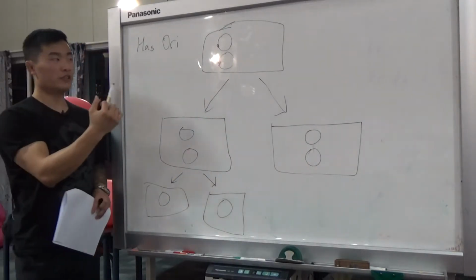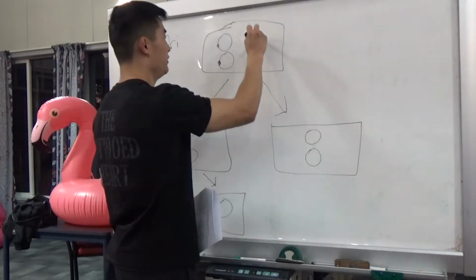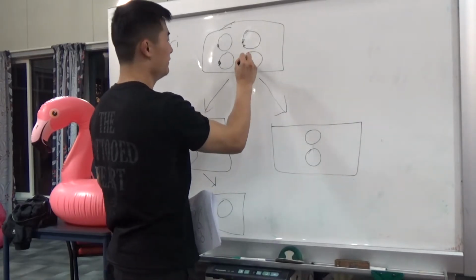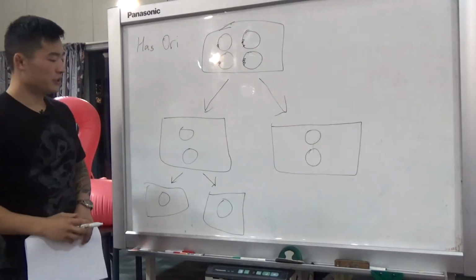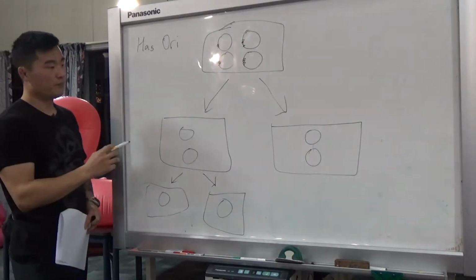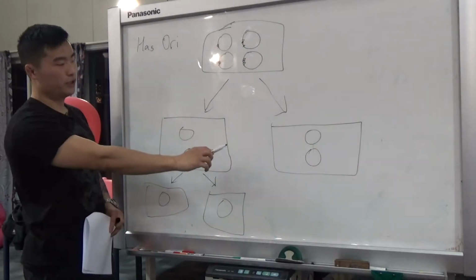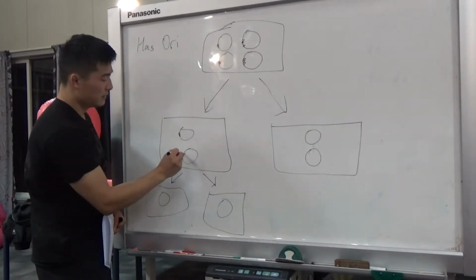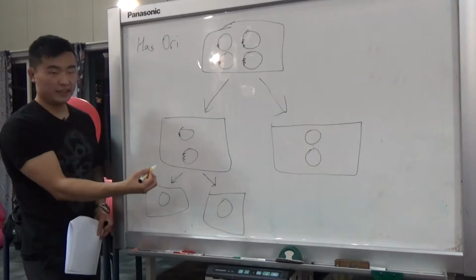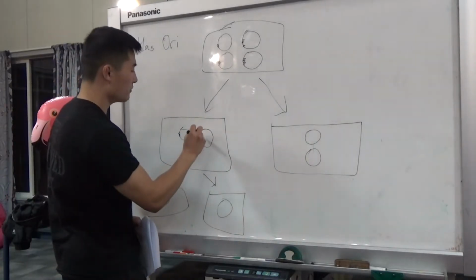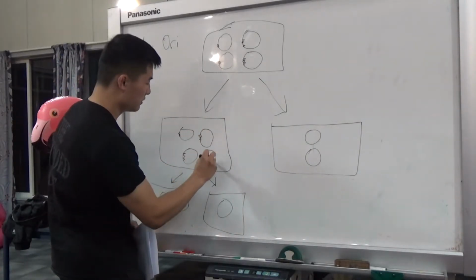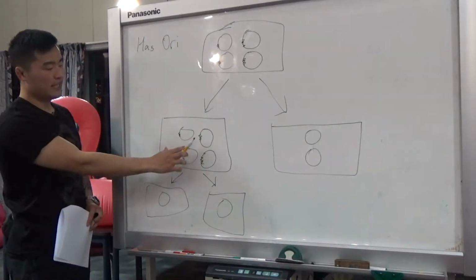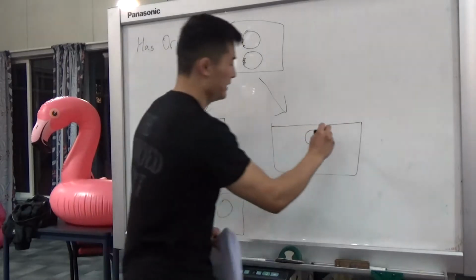If you have an origin of replication, then you can replicate those plasmids before you divide, and then each cell will get 2 plasmids, and then this cell will replicate those plasmids. So you'll have 4 plasmids in each of the cells.